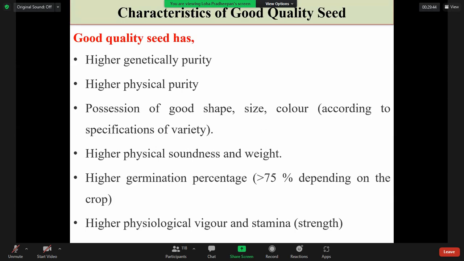So that seed is a weaker one. So we can identify the bigger one, for example in maize, the bigger and less bigger seeds. That way we are able to identify.